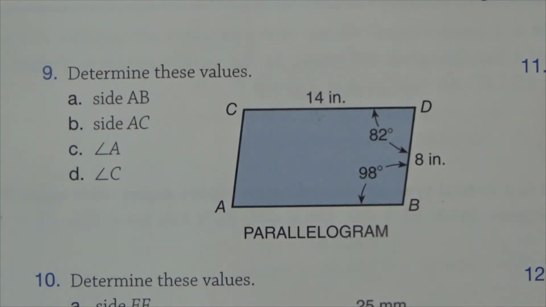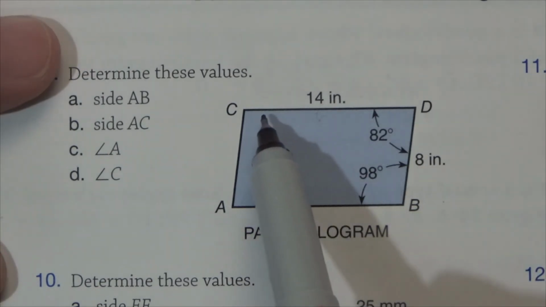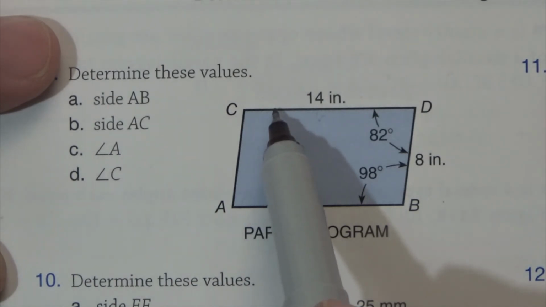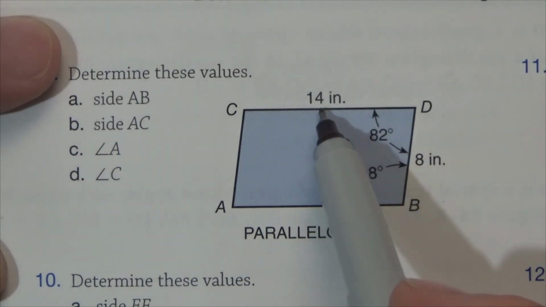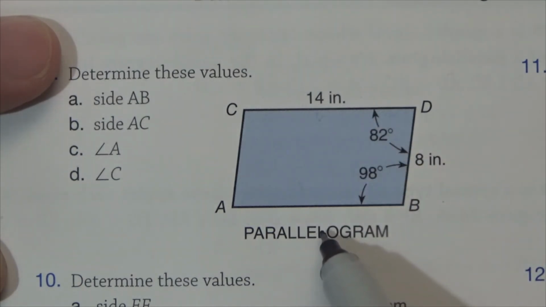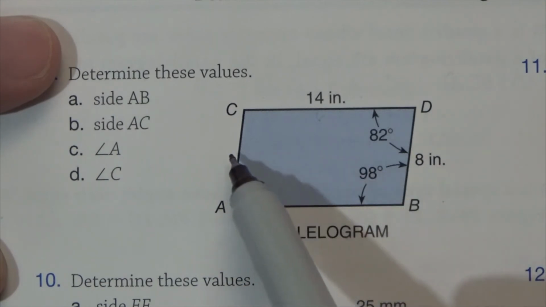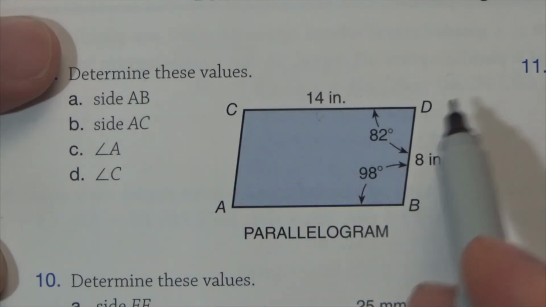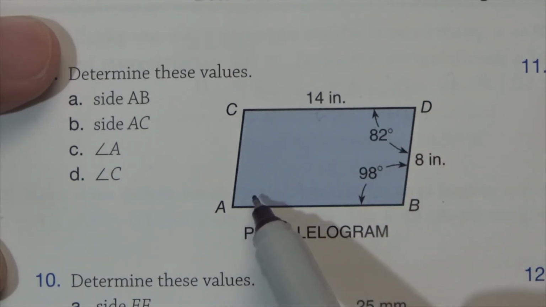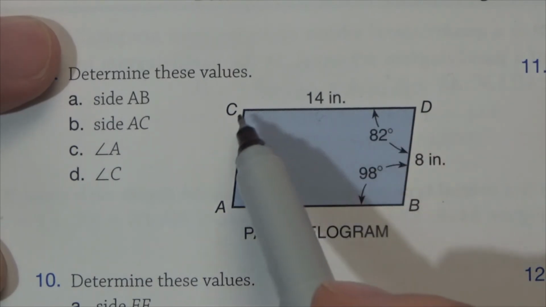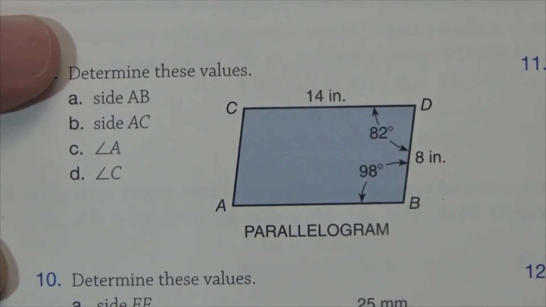Okay, so a parallelogram, I didn't mention this, but a parallelogram is where opposite sides are parallel, but opposite sides are also equal. So if this side is 14, this side is 14. If this side is 8, this side is 8. Opposite angles are also equal. So if this is 82, this one's 82. If this one's 98, then this one is 98. Okay?